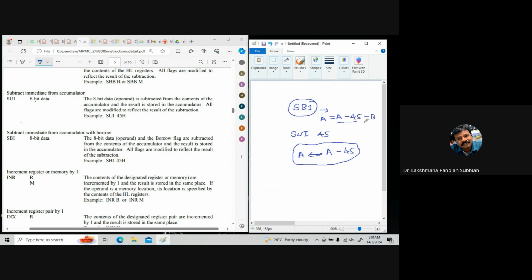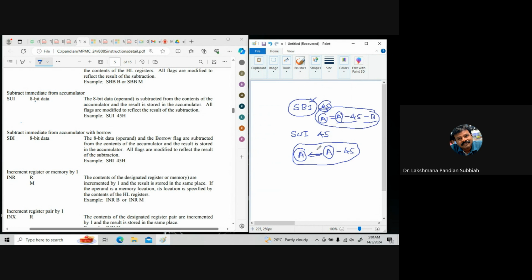Where we have subtract immediate, immediate means we consider data, right? Subtract immediate with the data. Whatever 8-bit data we have to consider, we have to subtract now. It's a single instruction, so only the accumulator is used; no other registers are possible here. Here also there is only one instruction, and it uses the accumulator only.